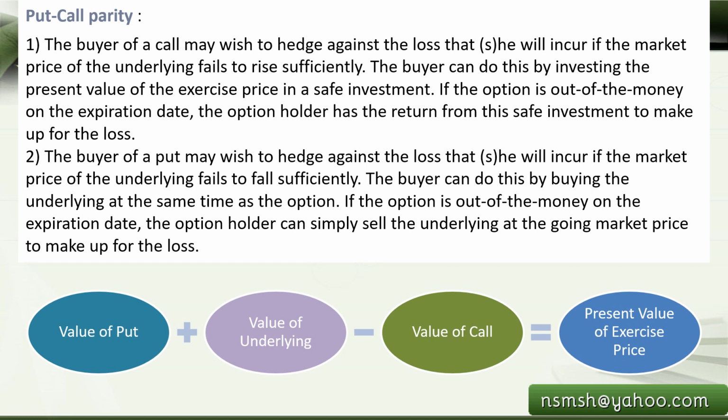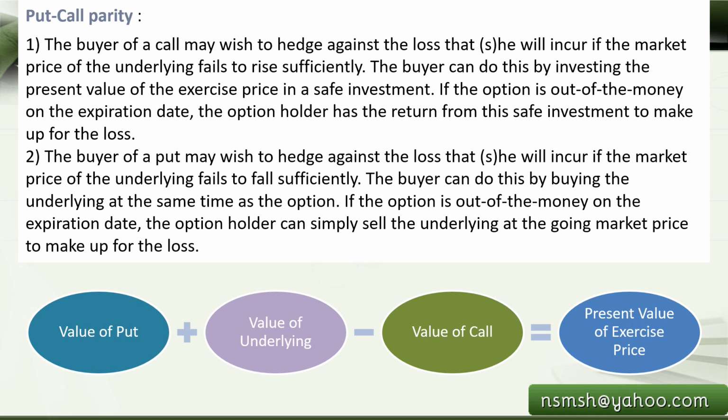The buyer of a put option may wish to hedge against the loss that he will incur if the market price of the underlying fails to fall sufficiently. So if the price is not going down, he will be losing for that. So if it is up, it's of no use for him to use that put option. The buyer can do this by buying the underlying at the same time as the option.